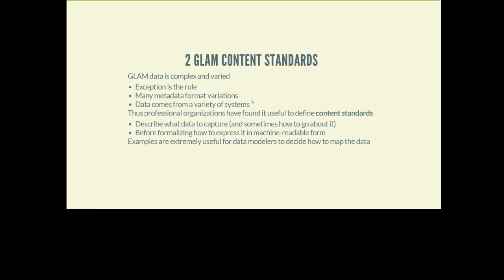And for me as a data analyst, these standards are also very useful because they include nice examples, and the examples elucidate what is in the data and determine the semantics of the data.